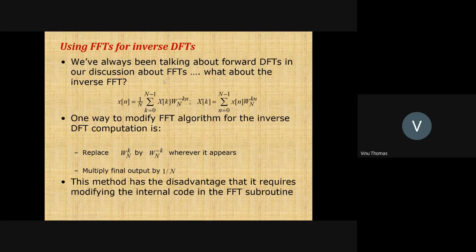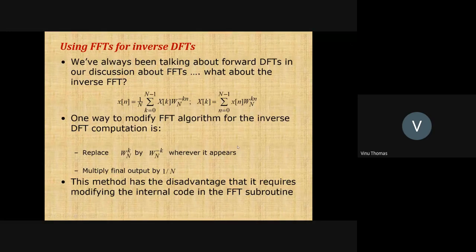Now, can you tell me one way in which you can modify the FFT algorithm to compute the inverse DFT? Don't look at this slide, but think about any method to compute the inverse DFT using the FFT algorithm.